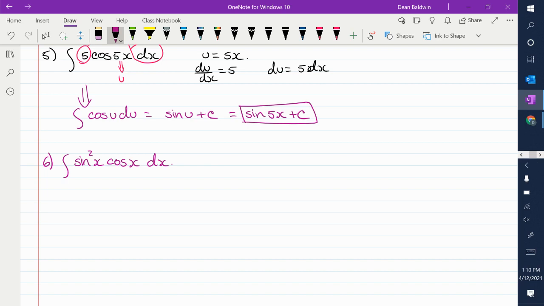Derivative of cosine is negative sine. For your level, the trig function with the higher exponent, well, I guess they're both got exponents, is what you're going to sub out. Okay? So u is going to be sine x.